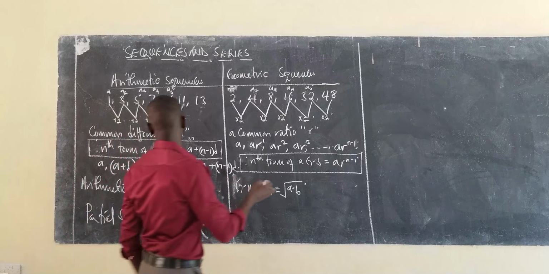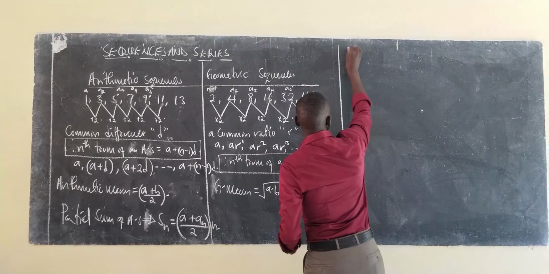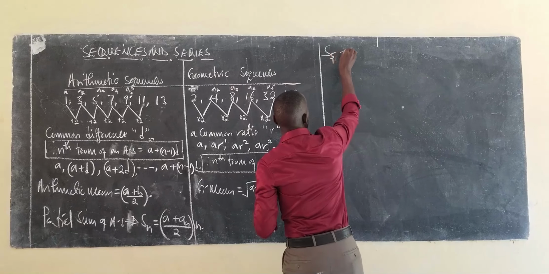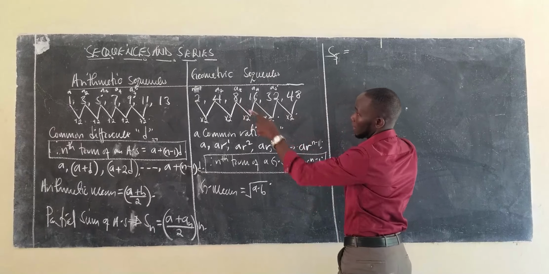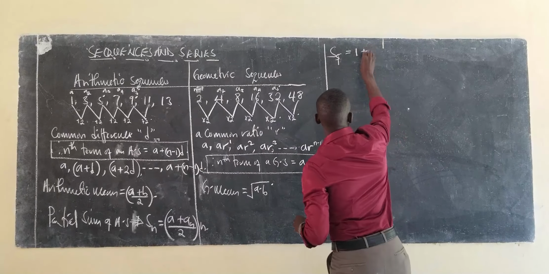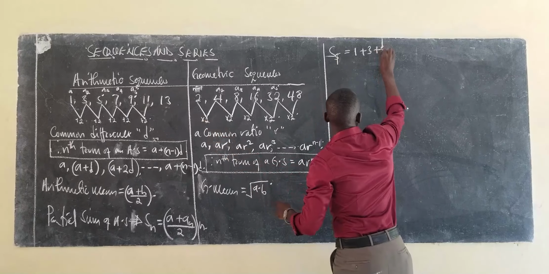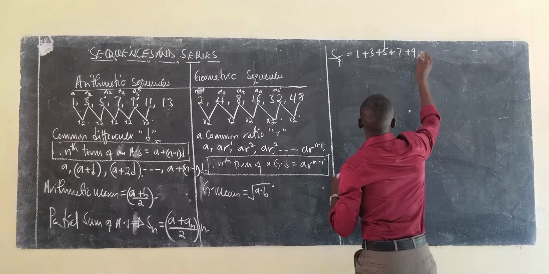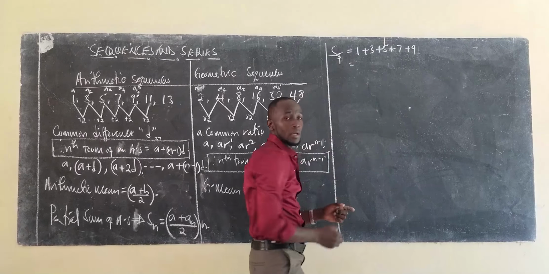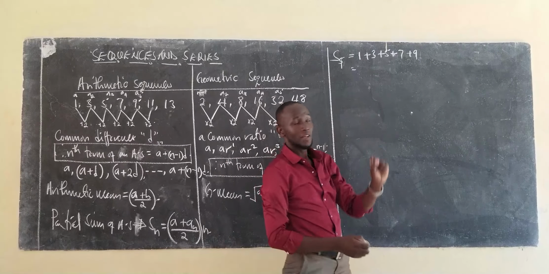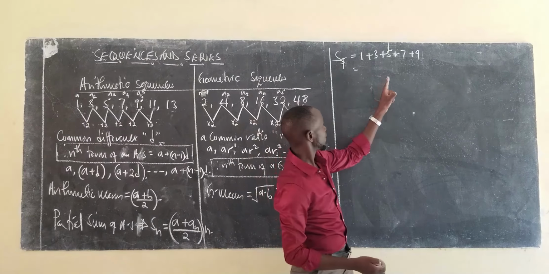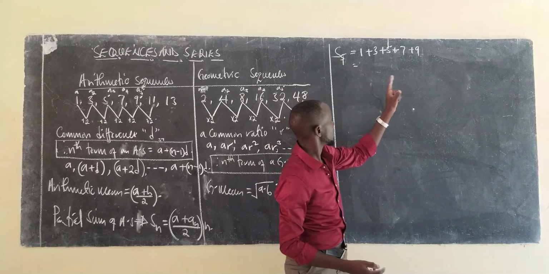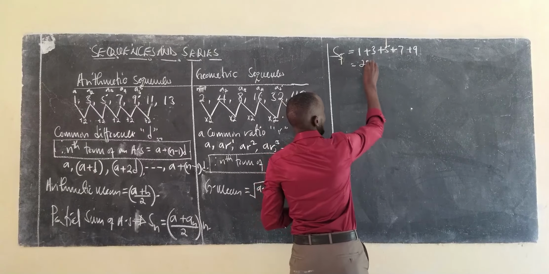The sum of the first 5 terms will be 1 plus 3 plus 5 plus 7, then plus 9. So 1 plus 3 gives us 4, 4 plus 5 gives us 9, 9 plus 7 gives us 16, plus 9 gives us 25.